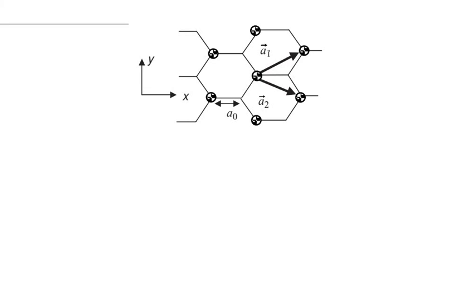Okay, so graphene basically has a hexagonal arrangement of carbon atoms, and there are 6 atoms at the 6 corners of the hexagon. For example, there is one atom over here, then this atom is already shown here. There is one atom over here, one atom over here, one atom over here, and one atom over here. Okay, so 6 atoms in this hexagonal cell.